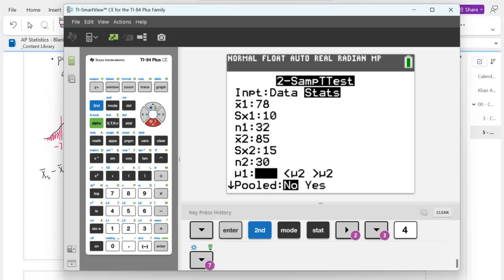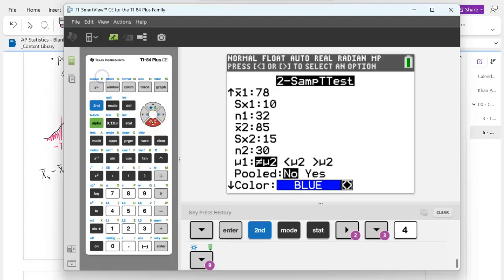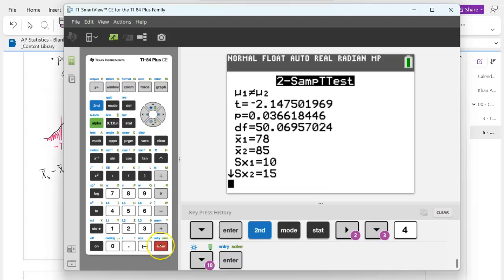Make sure that you have not equal to highlighted, which was the alternative hypothesis, and then the important part is the pooled part. You need to make sure that that has no, and then you can go ahead and calculate. You can see right here that we have our t-statistic, -2.15, our p-value 0.0366, and then right there is the degree of freedom.